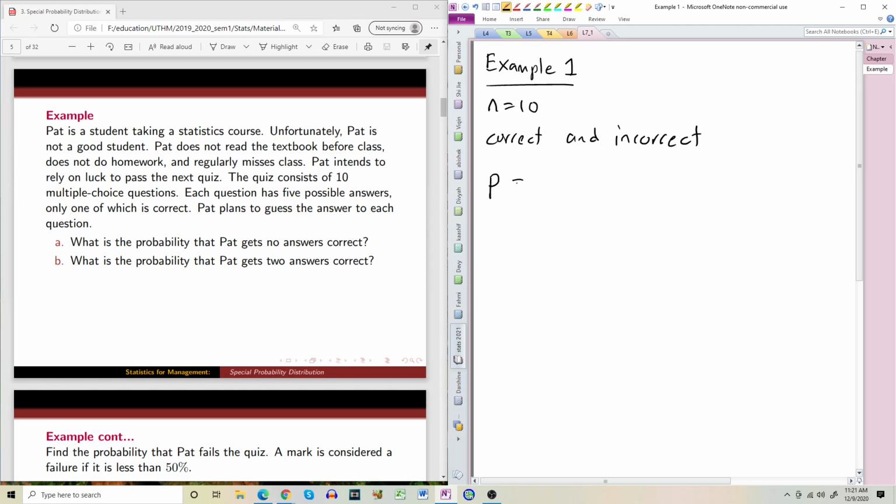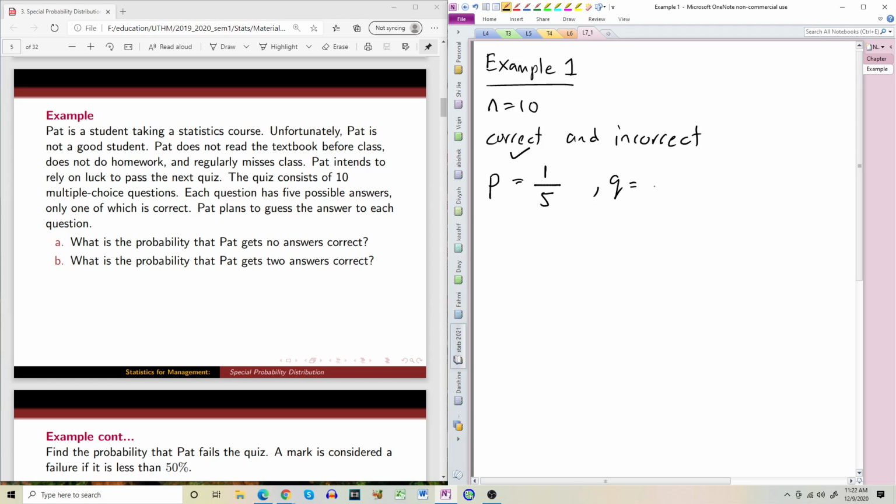P is the probability of success. What is P? Each question has 5 possible answers, only one is correct. So the probability for her to answer one question correctly is 1/5. What is Q?